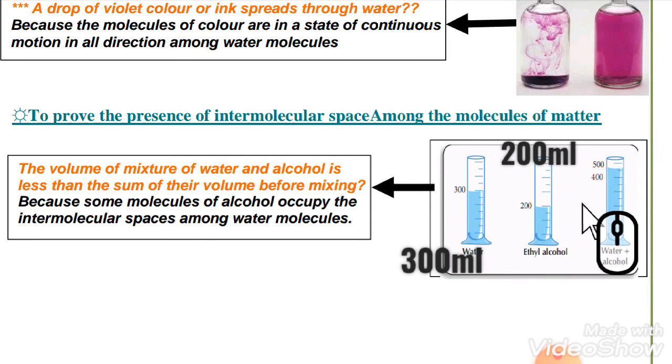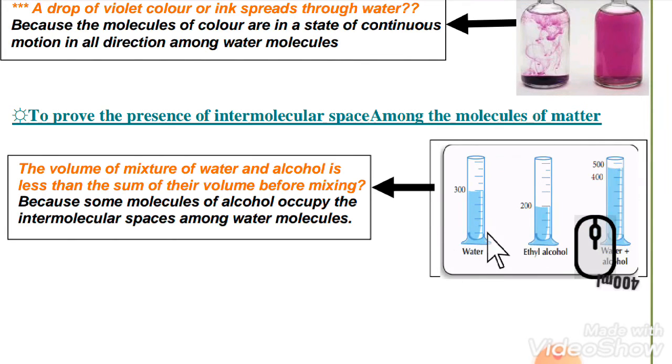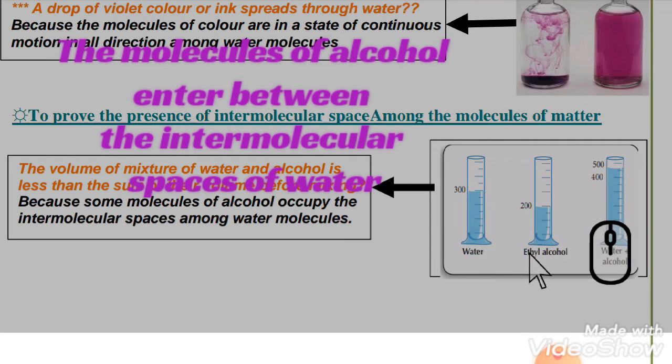But we note that the summation of the 300 and 200 becomes 400. It's less than the actual summation of the two in the normal case. In the normal case, 300 plus 200 is 500 milliliters, but it is 400. That's because the ethyl alcohol molecules enter between the molecules of the water. That proves that we have intermolecular spaces between the water molecules.